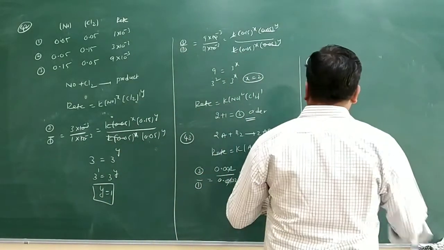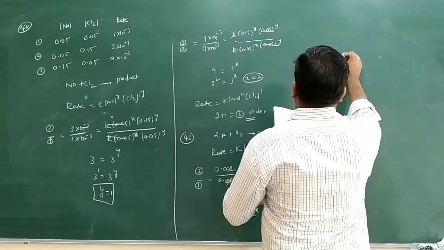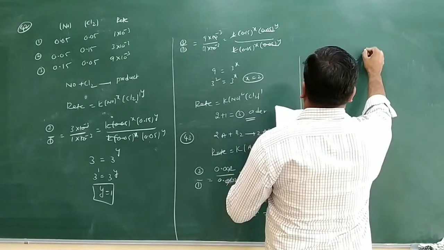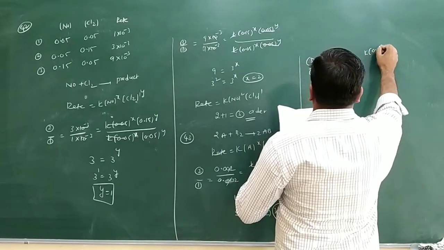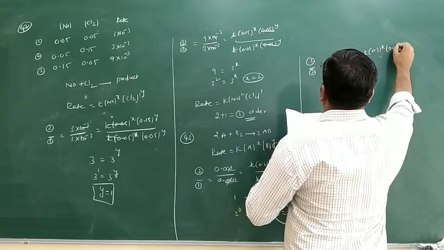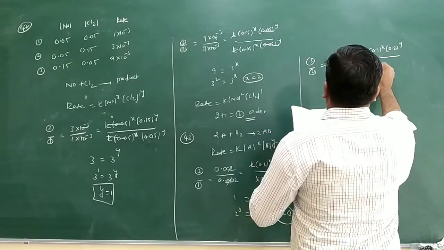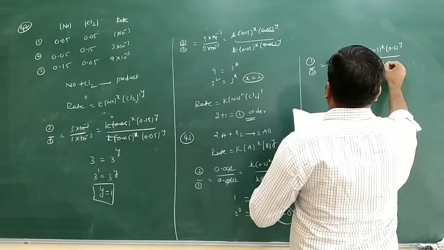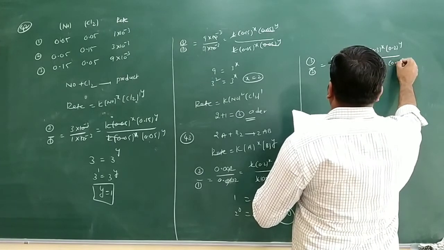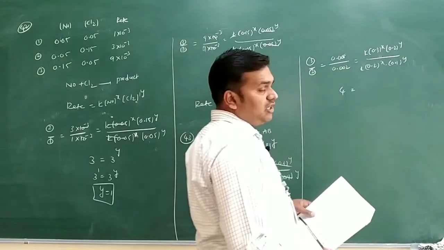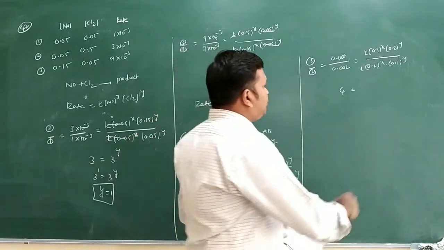Then what do I get here? 0.008 by 0.002 is equal to k into 0.3 whole power x into 0.2 whole power y, by k into 0.2 whole power x into 0.1 whole power y. From this I will get 2 here. You already know the x value is 0, and x value 0 means power 1.